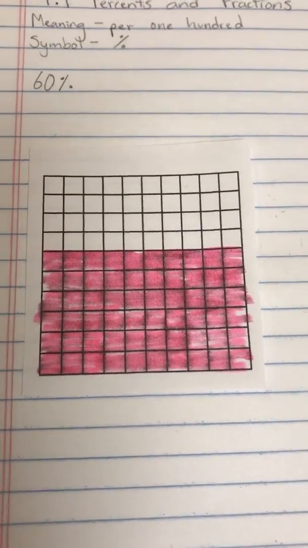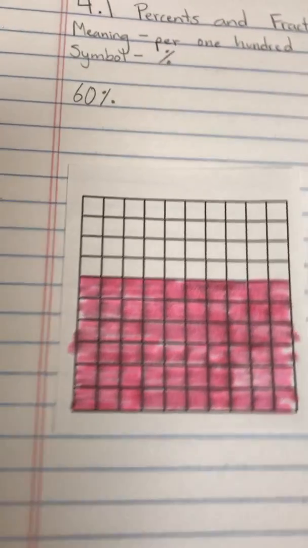All right, so here's our 60 squares colored in, which is 6 rows.